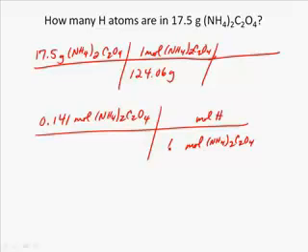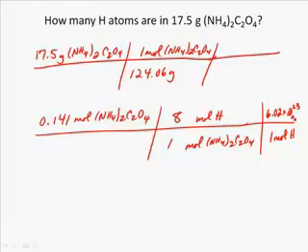According to that formula, I have 8. If I stopped there, I would have moles of hydrogen atoms, but the question was asking for hydrogen atoms total, so I have one more step. 1 mole of hydrogen is 6.02 times 10 to the 23rd atoms, so I have to convert that to atoms. Times 8 times 6.02 times 10 to the 23rd, and I get 6.8 times 10 to the 23rd hydrogen atoms.